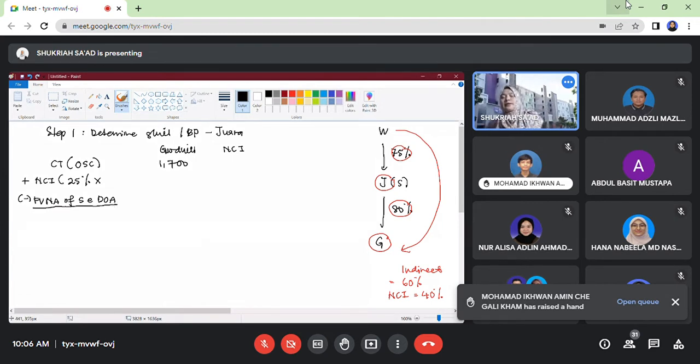Dulu kita buat, soalan dah bagi dah. Berapa nilai fair value of net asset at DOA. Now soalan tak bagi. Remember saya tanya what is a net asset? You all kata asset tolak liability, which is equal to equity.